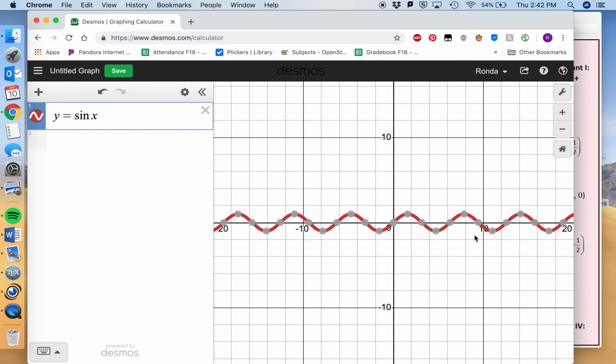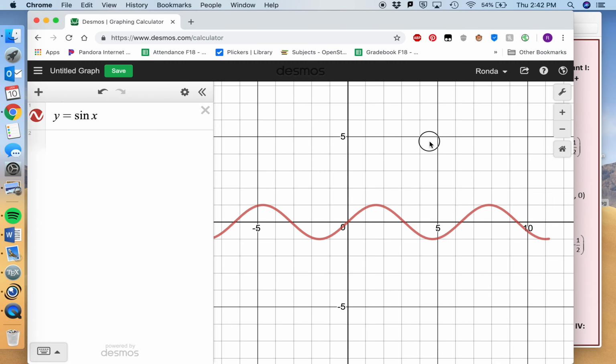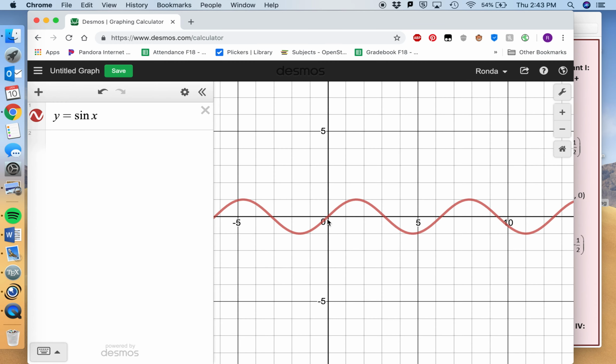There's some new vocabulary that goes with these, and one of those is the period. The period of any trig function is basically how long it takes to make one complete graph. If you think about the full unit circle, to go all the way around, that's 2 pi.